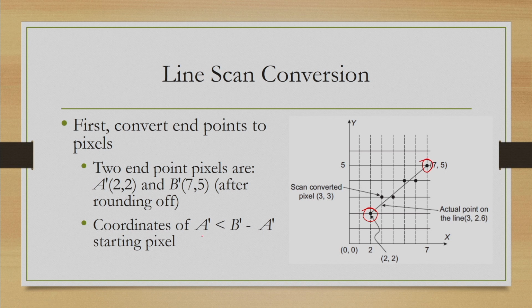Now, we can see that coordinates of A dash is less than B dash. So, we start with A dash, we choose it as our starting pixel. So, we start with this pixel and continue finding out the y values till we reach this other pixel, other endpoint.